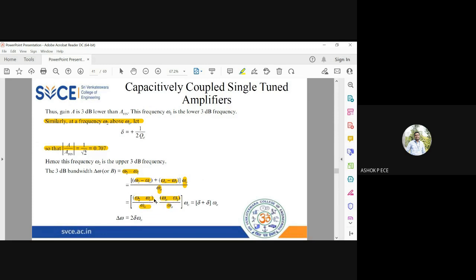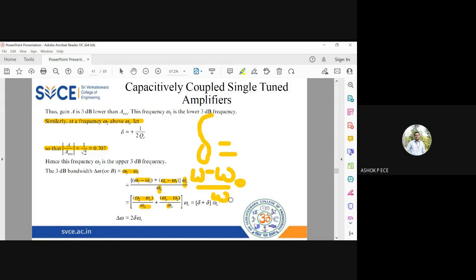Whenever you find the difference, it is going to be delta. So the first term is going to be delta, the second term is also delta. So delta plus delta into omega naught. Remember, we have written the formula for delta: delta equals omega minus omega naught divided by omega naught.